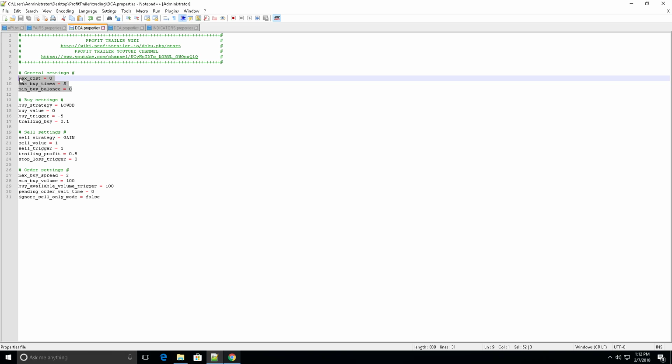If you're planning to use DCA, and I can't stress this enough, it is really important that you use these protection parameters and put a cap on the amount of Bitcoin that ProfitTrailer is allowed to use, or it's going to drain your whole account.